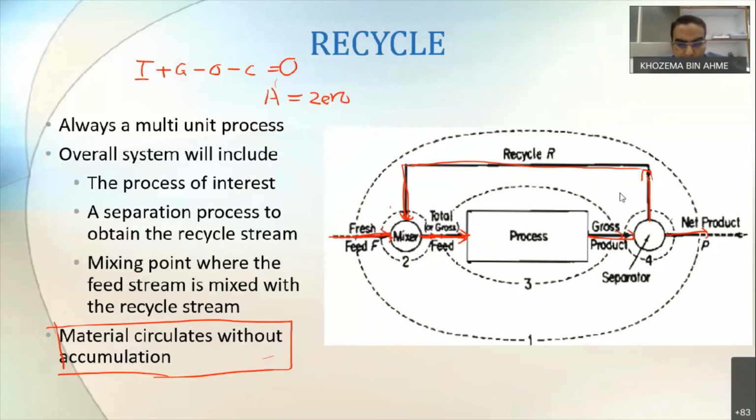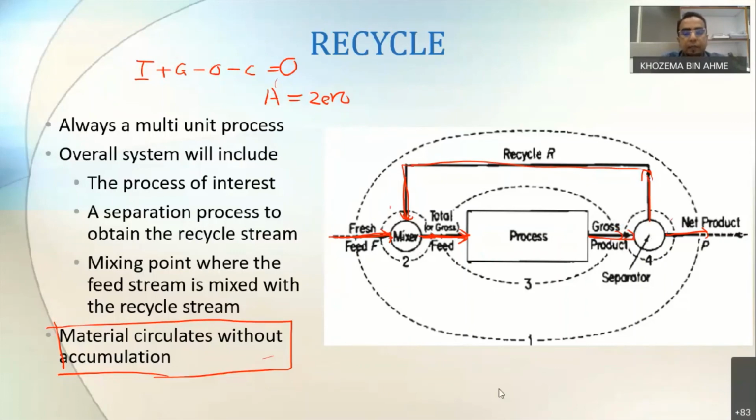The only thing that you need to understand for your recycle system is the definition of a recycle system. Okay, so we have looked at the definition. A recycle system is just when you have an additional stream coming out from your product and recycled back into your feed.